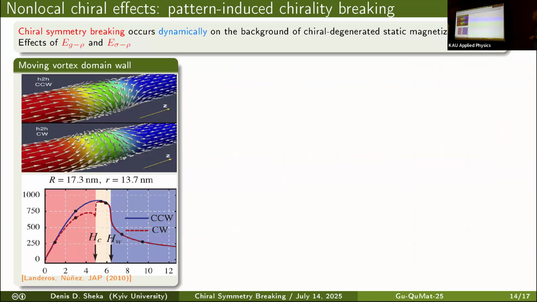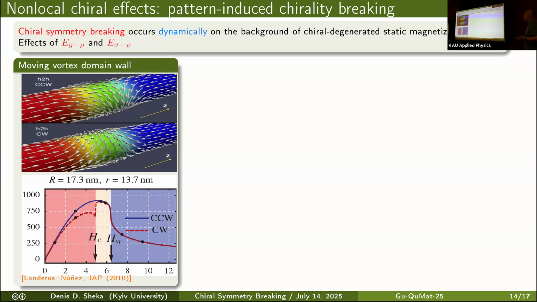First I start with so-called pattern-induced chirality breaking. It means that we consider the situation when the symmetry of the system is so high that the static magnetization texture is degenerate with respect to chirality.